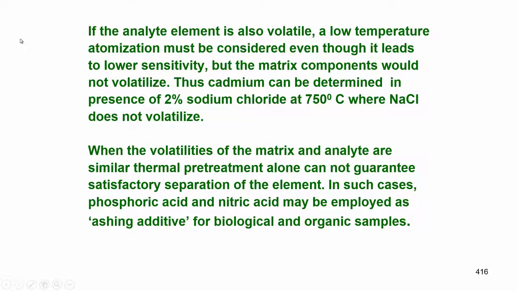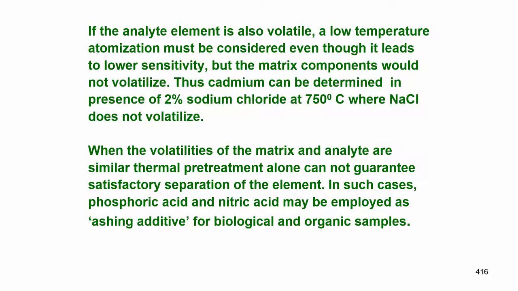Now, if the analyte element is also volatile, then what happens? A low temperature atomization must be considered, because the element moves out of the system if it is more volatile. So, we should ash it at a lower temperature and then allow it to remain in the graphite tube for a longer time.